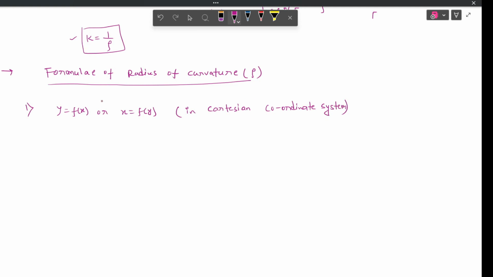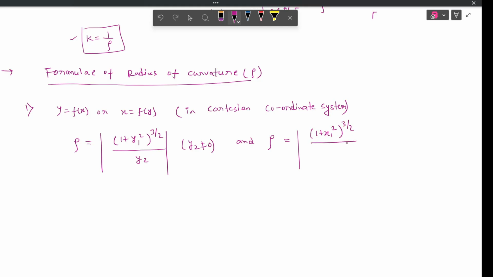So rho would be the modulus of (1 plus y1 square) to the power 3 by 2 by y2, where y2 can never be 0, and rho can be the modulus of (1 plus x1 square) to the power 3 by 2 by x2, where x2 can never be 0.